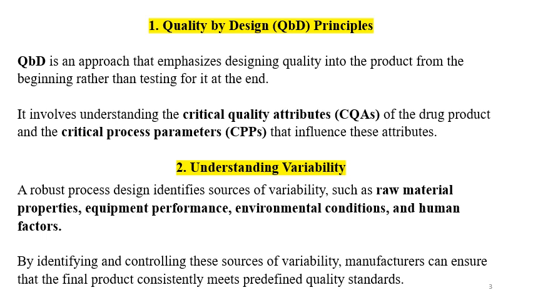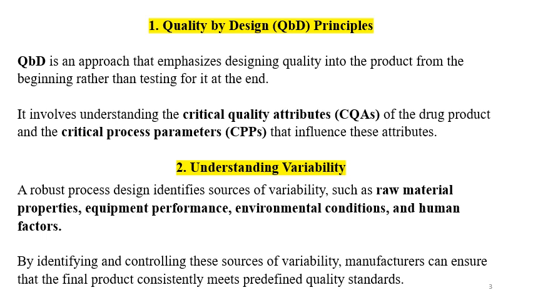So if we know our product and we know what quality is required, then we can go ahead with the QbD approach and we can make the robust process. This QbD approach involves understanding the critical quality attributes of the drug product and the critical process parameters, CPPs, that influence these attributes.